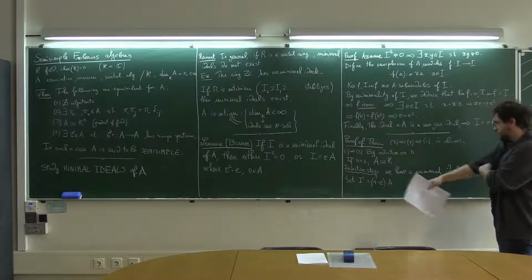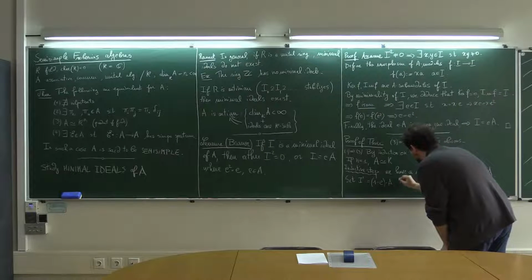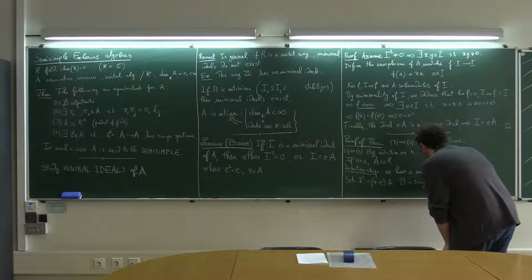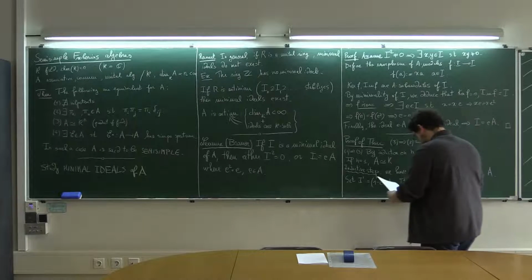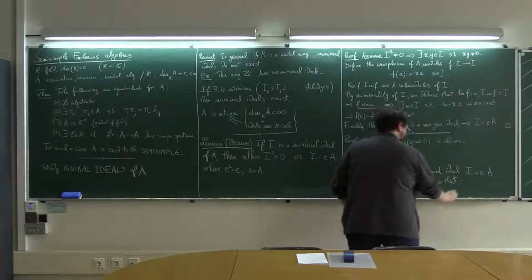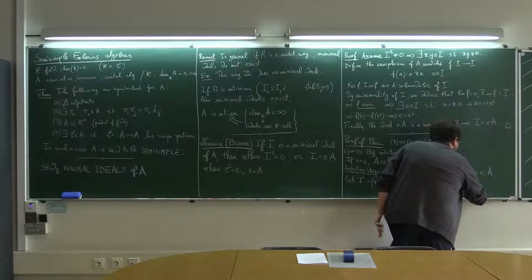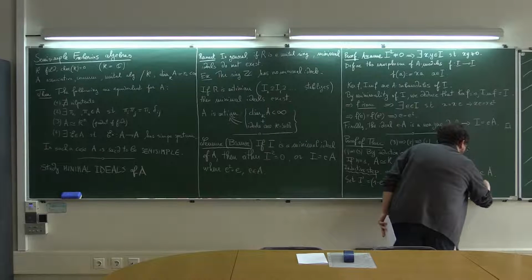It is easy to see that indeed the algebra A is a direct sum of I and I prime.